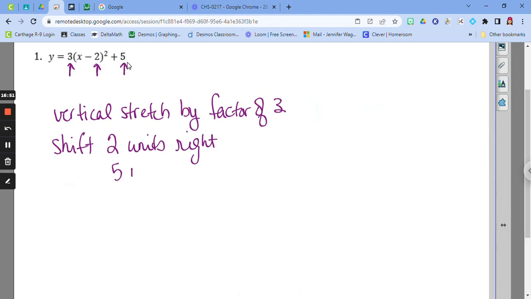And 5 units up. So every number that's there that's different from the original parent function has something to do with the change.